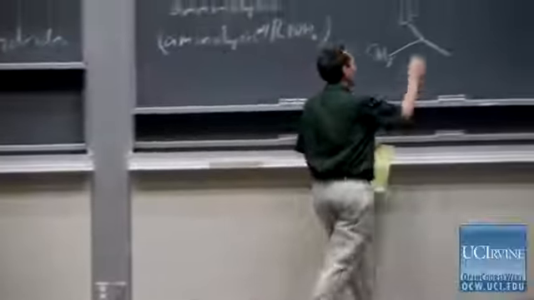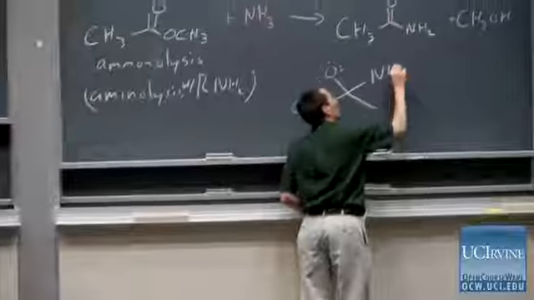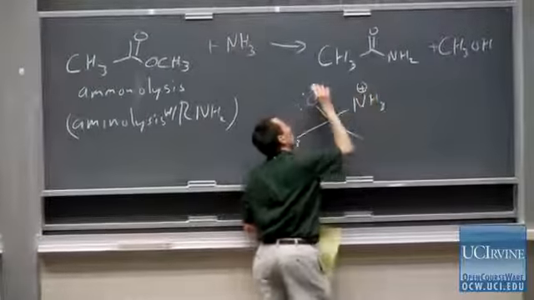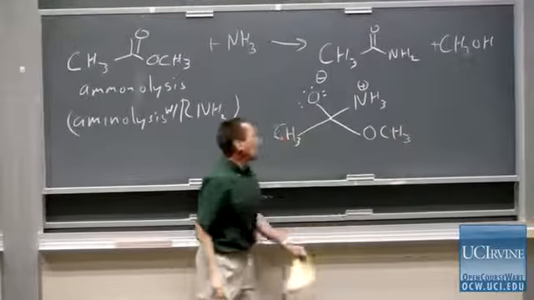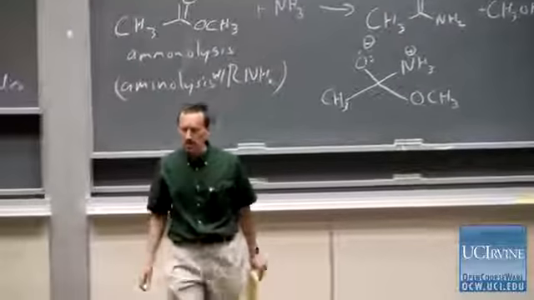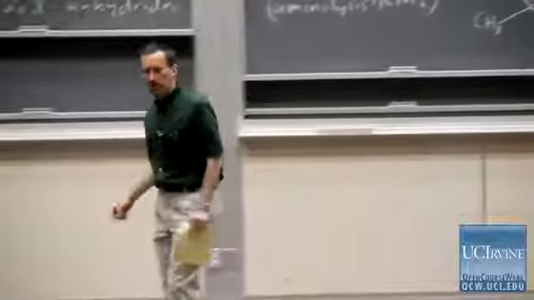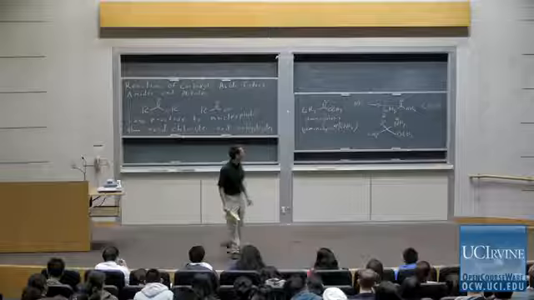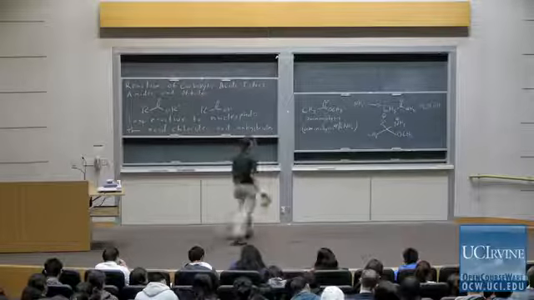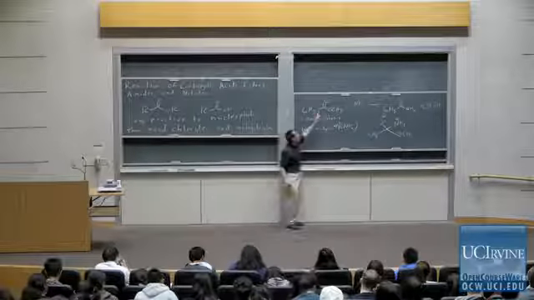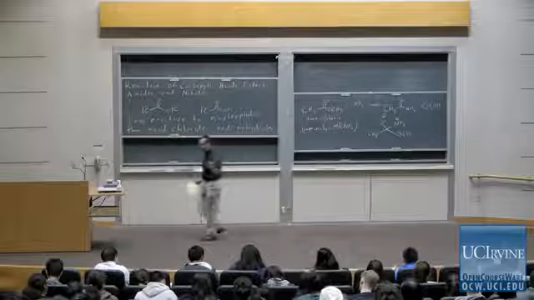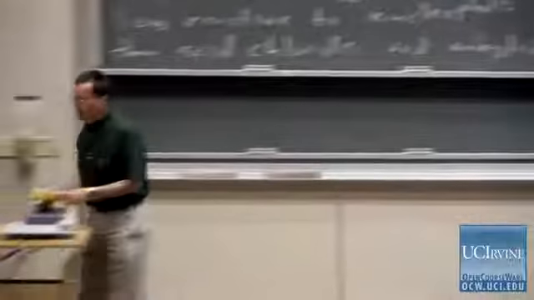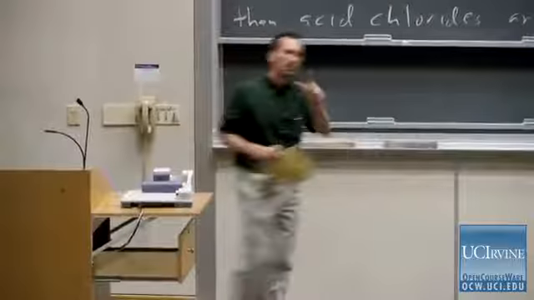It can attack. We expel methoxide, we transfer a proton. If you want more detail, you can see your textbook for a mechanism for this reaction. But the general gist is that the carbonyl of an ester group is sufficiently electrophilic to react with a basic nucleophile like ammonia, or later on I'll show you hydroxide.